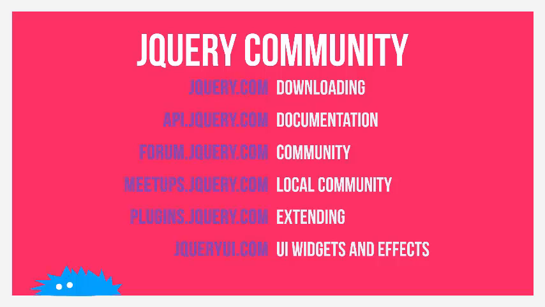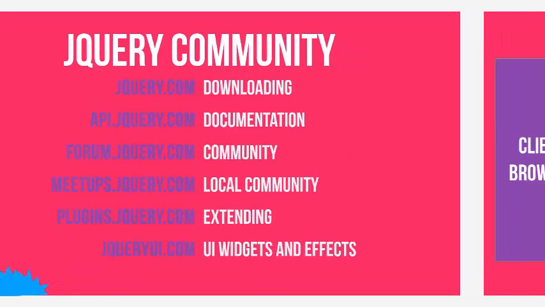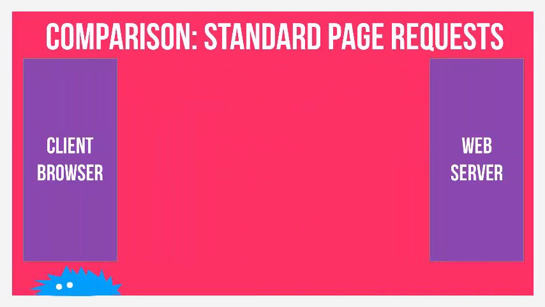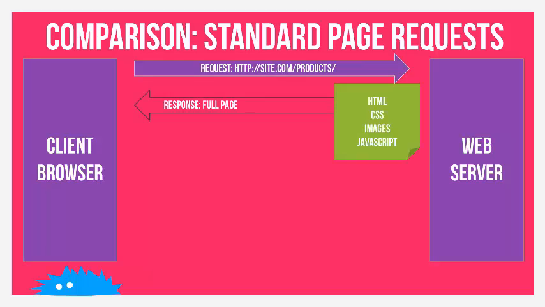So I think jQuery is important, and the reason I mention it is because it's really the root of the single-page application revolution. But what do I mean when I say single-page applications? There was a time when the only way you did web was there was a client browser, and it made a request to a URL to a web server, and then that web server responded with the full page: the HTML, the CSS, the images, everything.